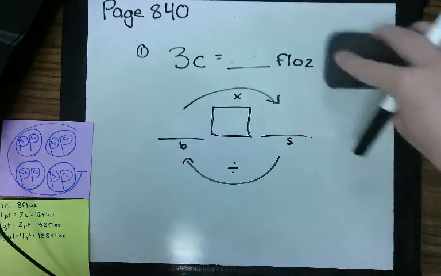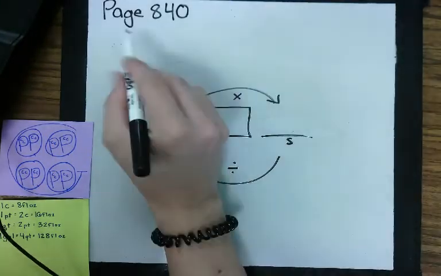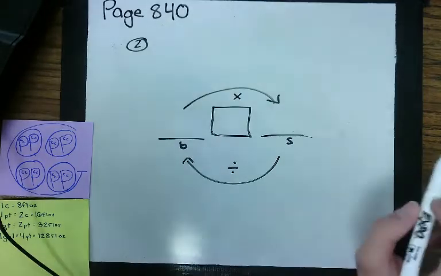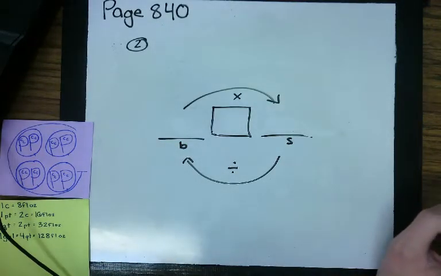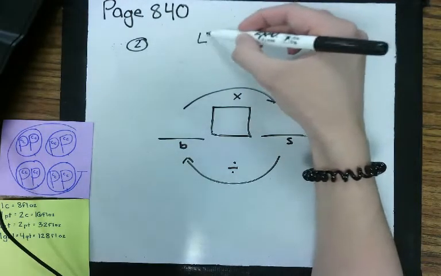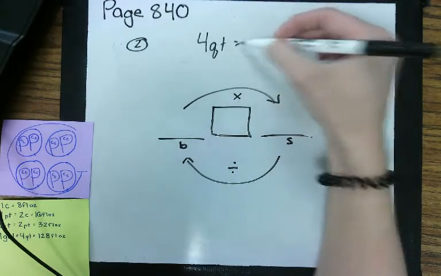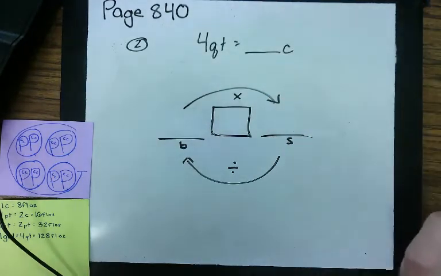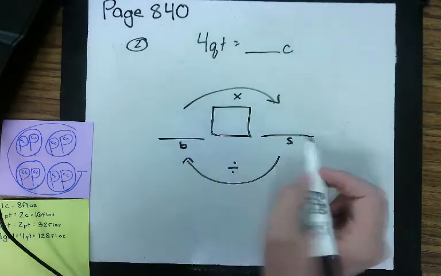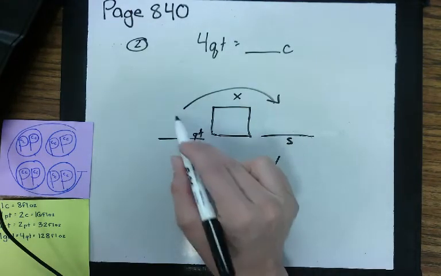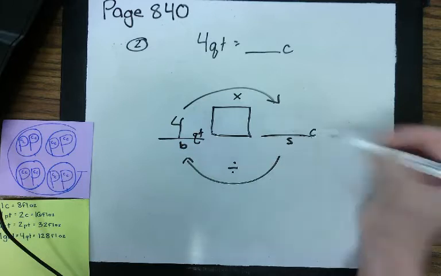Okay, next up, we're going to do number 2. On number 2, it asks us 4 quarts is how many cups? All right. Again, quarts are bigger than cups, so we're starting on the big side with 4 quarts, and we're looking for how many cups.